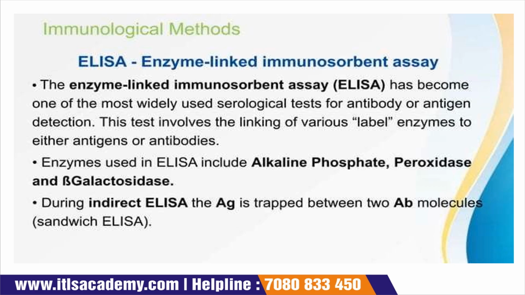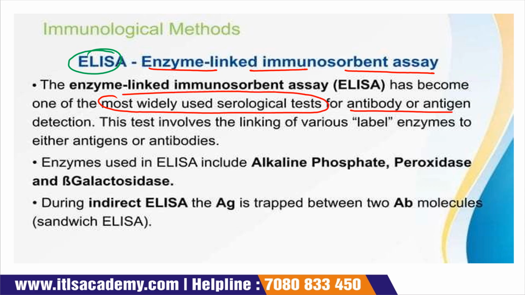In immunological methods, one method we also use is your ELISA, which means enzyme linked immunosorbent assay. This ELISA has become a widely used serological test for antibody or antigen detection.